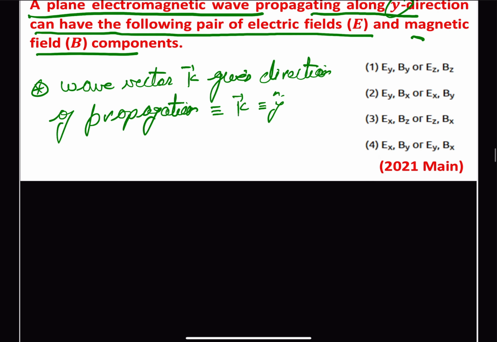Or in shorter format, we can write that our electric field is perpendicular to the y unit vector, the magnetic field will also be perpendicular to the y unit vector, and our electric field is also perpendicular to our magnetic field. Okay, so this is universal about the EM wave.